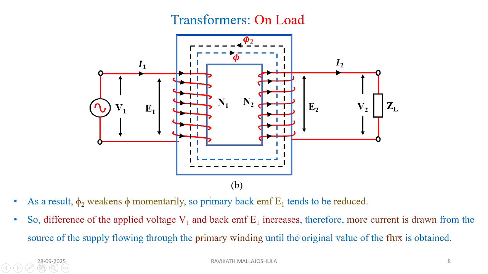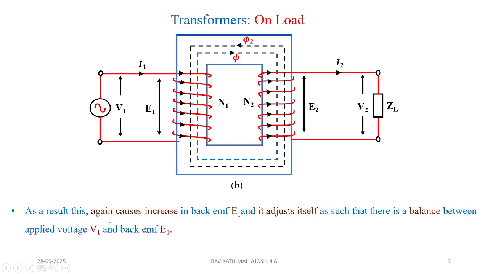So it keeps on repeating until the original value of flux is obtained. That original value of flux, as a result, again causes an increase in the back EMF E1, and it adjusts itself such that there is a balance between the applied voltage and the back EMF.